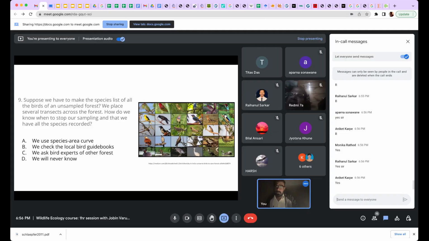Suppose we have to make a species list of all the birds of an unsampled forest, and we place several transects, line transect or point transect, across the forest. How do we know when to stop our sampling and that we have all the species recorded? Can people tell me the answer?